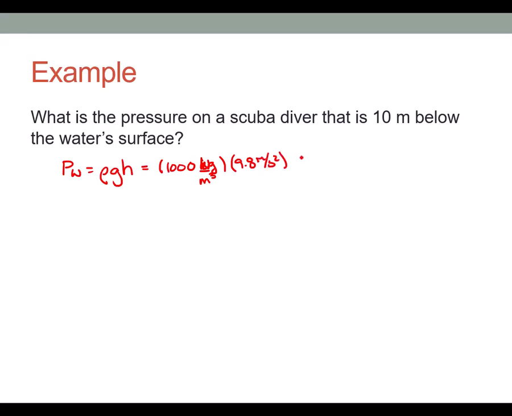Gravitational acceleration is 9.8 meters per second squared, and we have 10 meters of water, and that was how we got to the 98,000 newtons.